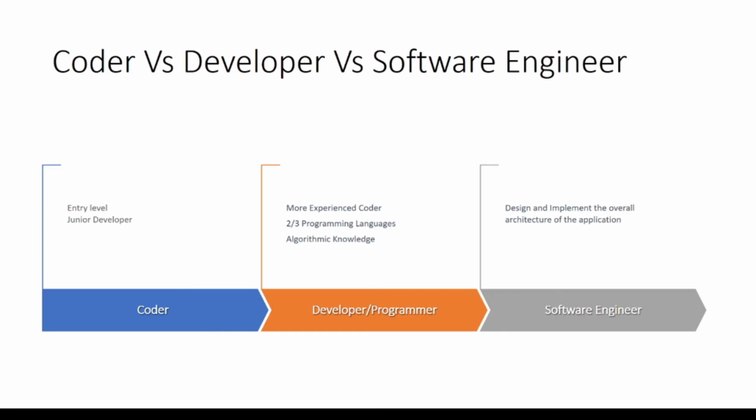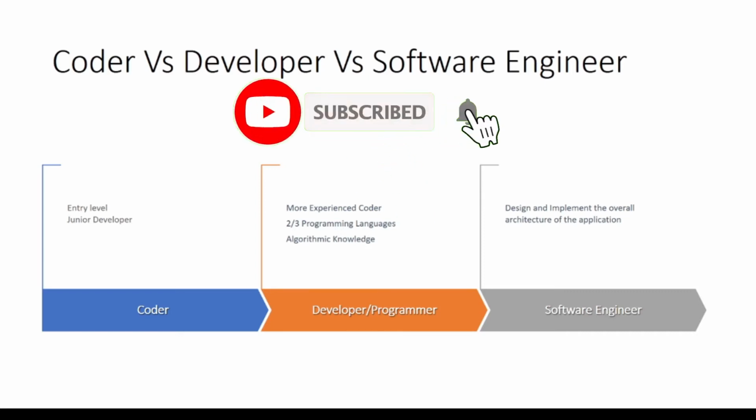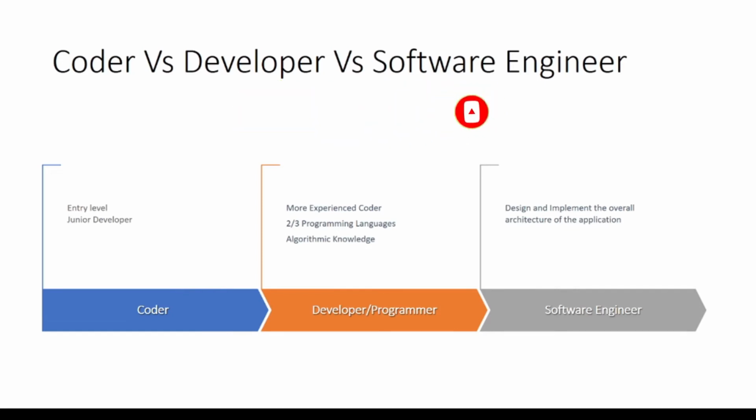As you grow up the ladder of the life of a software engineer, probably you would have to start as an entry-level coder or a junior developer. You would need to have good coding skills in any one language and a little bit of algorithmic knowledge as well. As you grow up the ladder, you would become more experienced with knowledge of 2 to 3 programming languages and particularly algorithmic knowledge.